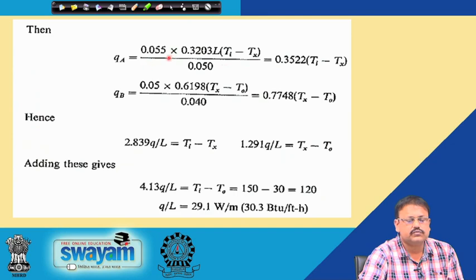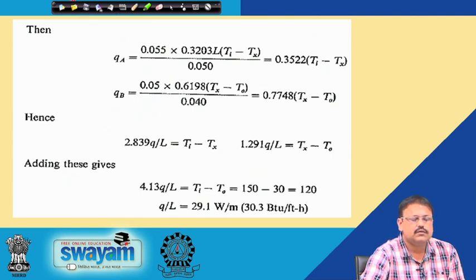Putting in the thermal conductivity equation, we get Q A equals this and Q B equals this. At steady state, Q A and Q B are both the same. So, if we use these two equations and add them, T x will cancel out, and from there Q by L comes to 29.1 watt per meter.